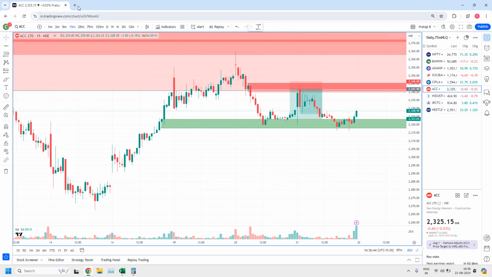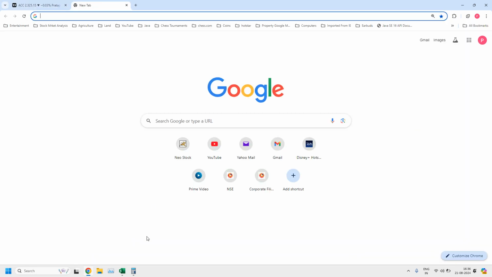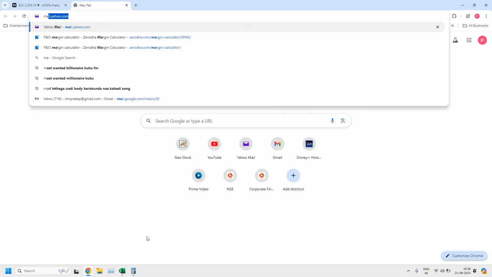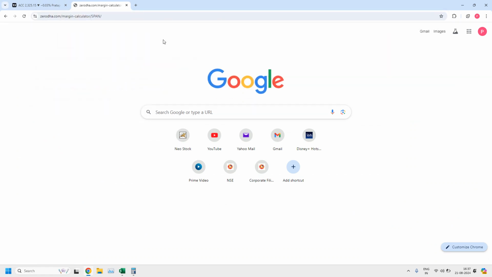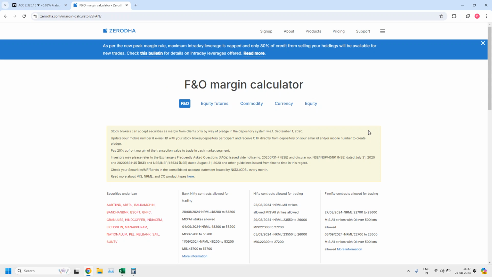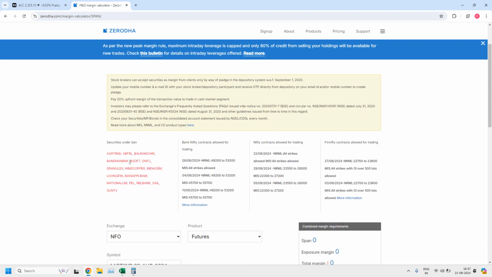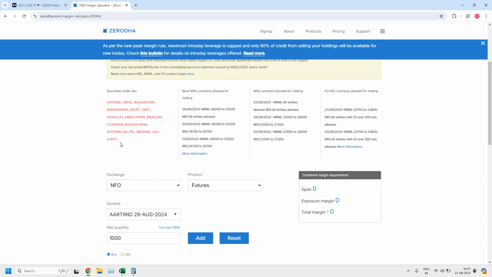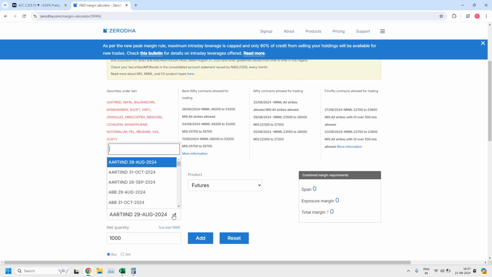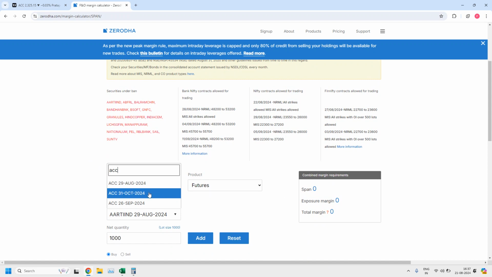Okay, ACC margin calculator. Let me open the margin calculator. So ACC is not in the banned list today, so definitely the trades are executed from the futures point of view. Some of you would have taken it in the cash segment during the intraday.